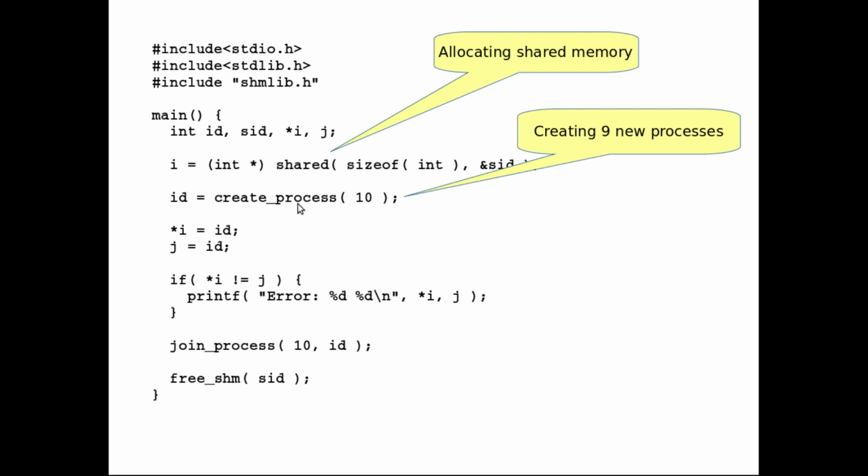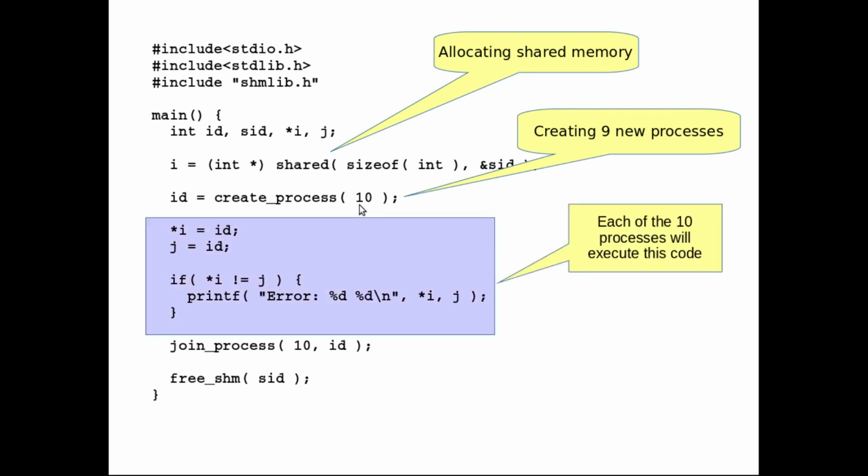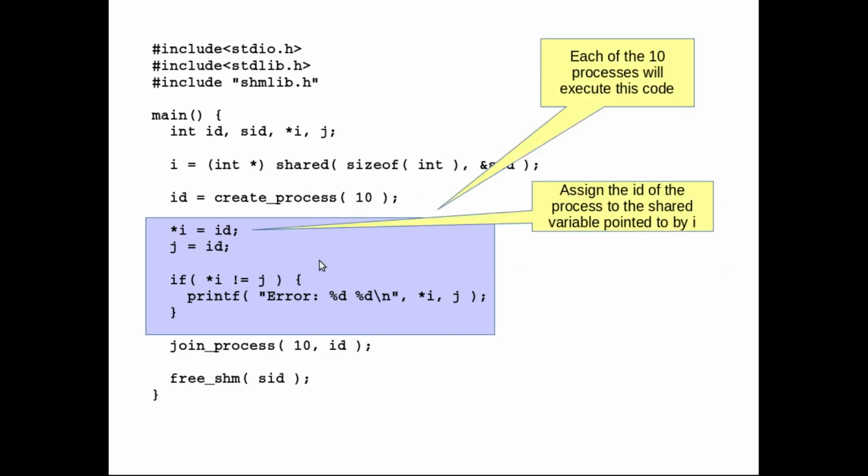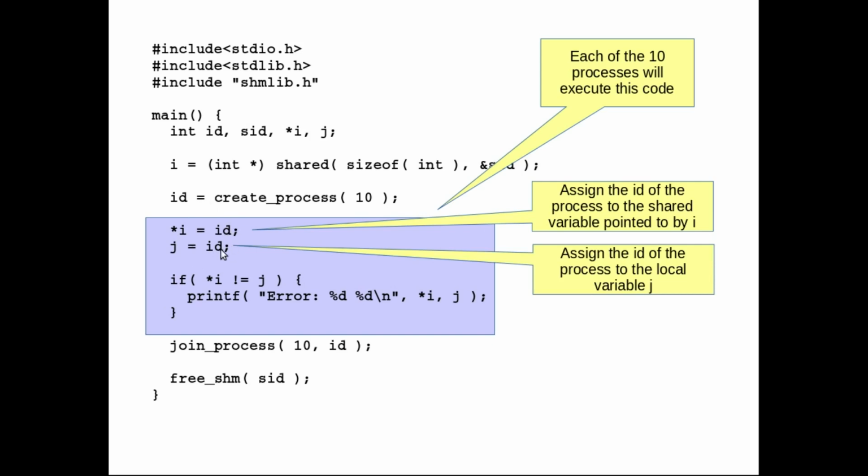Now after we create the 10 processes, each of the 10 processes will be executing this code. Actually, all the 10 processes will also execute join process. In this code, we are first storing the ID of the process in the shared variable, and we also store the same ID of the process in the variable j.